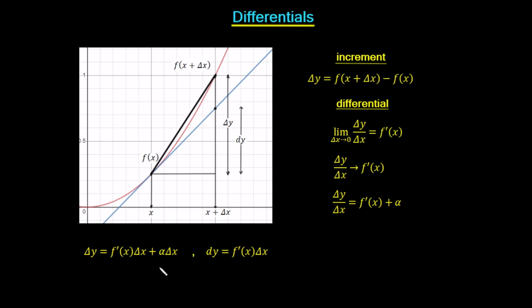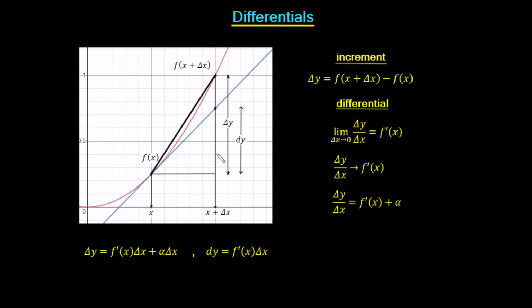Now this little bit of the equation has got a simple geometric interpretation. So the delta y we know is the full distance here, and it's going to be given by the linear approximation, which we've already talked about, which is the gradient at this point times our delta x, and that's going to give us our dy, which is our differential.